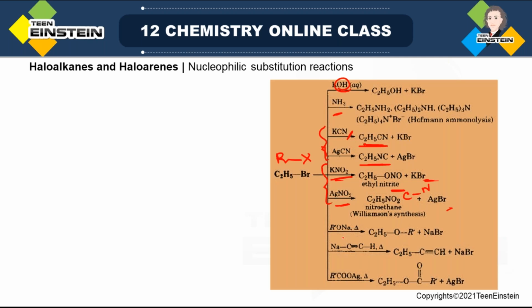Then if your attacking reagent is R'ONa, the actual nucleophile is R'O minus, and Na plus is the counter ion. The nucleophile is joined to the R group, which is C2H5, and you get C2H5OR'. Then the next reagent is the sodium salt of acetylene. Acetylene is HC triple bond CH.